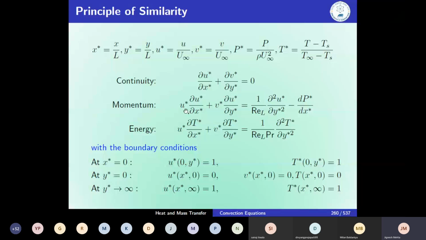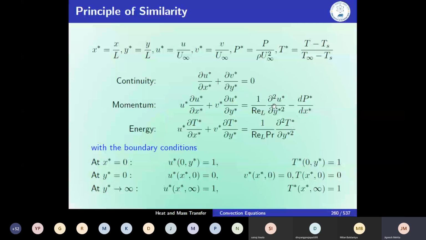Basically you are multiplying the dimensional equation with something and dividing it with something, and then there are certain parameters left out in this term, and those parameters are nothing but 1 upon Reynolds number. So we already know what Reynolds number is. Reynolds number is rho u infinity into L, right? L is the characteristic length.